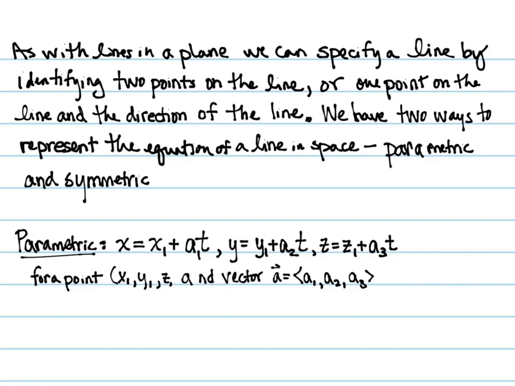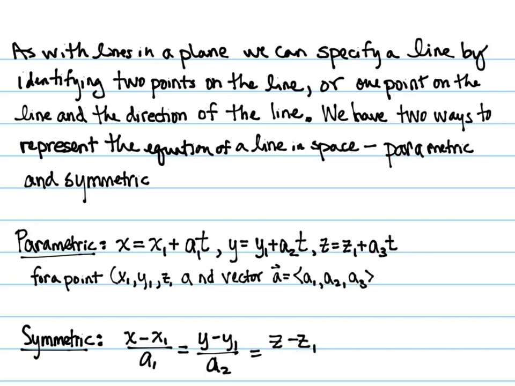This is parametric representation. The other representation is symmetric. And you'll see the relationship when I write it down. Symmetric form says x minus x1 over a1 equals y minus y1 over a2, which equals z minus z1 over a3.